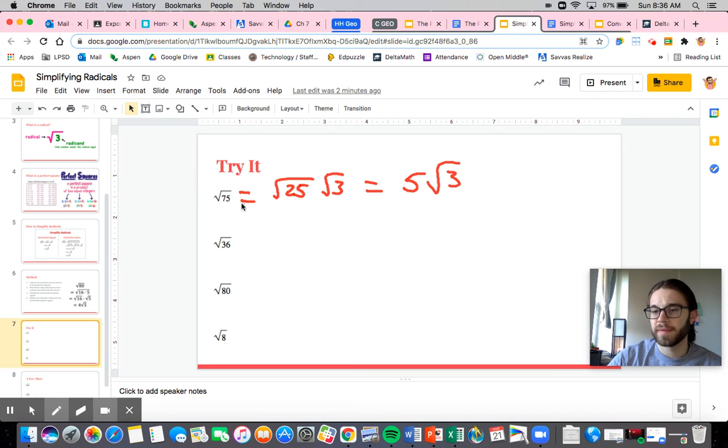Right, 75, that's clearly going to be close to 25. 3 of them. Root 36, that's easy. You already know root 36. That's just 6, right? 36 is a perfect square. If you get a perfect square, just write it. You're done. Root 80. Well, we did just go through that process, so let's see if we remember, right? It is divisible by 16.